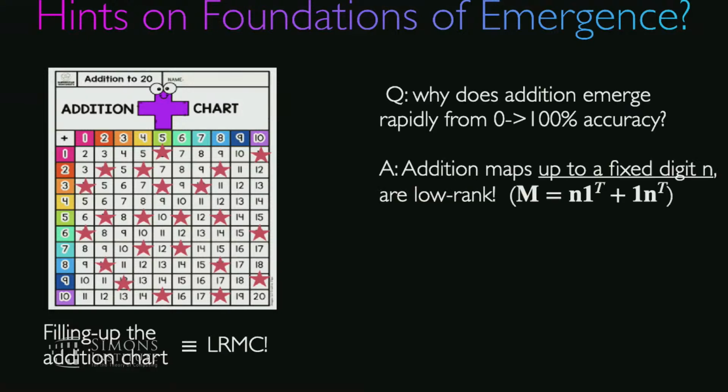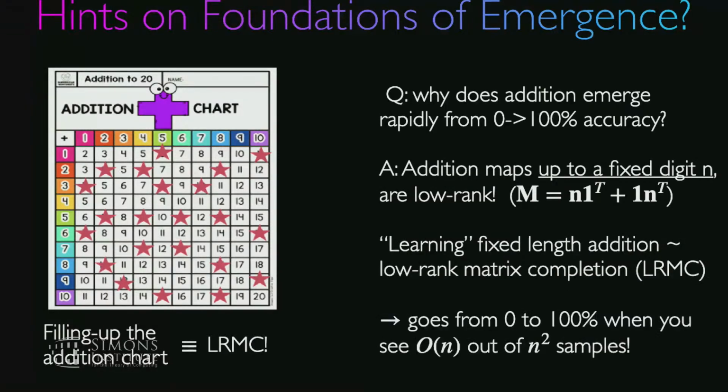And the matrix completion theories give us that if we reveal enough outputs, then it starts to be capable of completing the matrix perfectly.